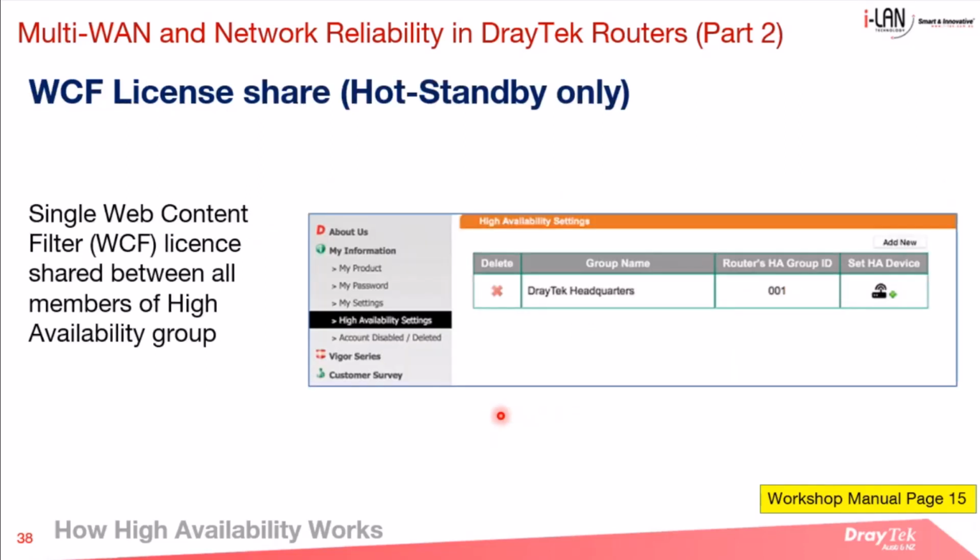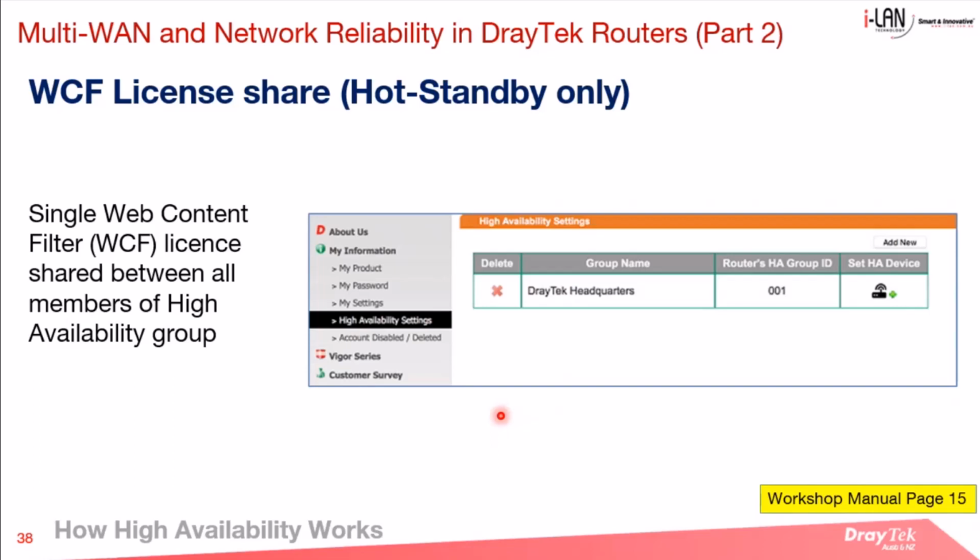Okay, another feature of DrayTek high availability hot standby mode is the web content filter license can be shared between all the members of the high availability group. At any one time, one primary router can use the license, but if the primary router fails and the secondary router takes over, it will automatically register to MyVigor and continue to provide web content filtering.